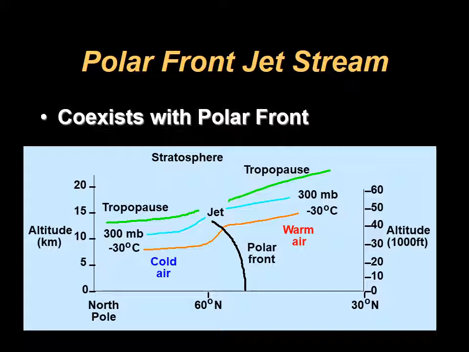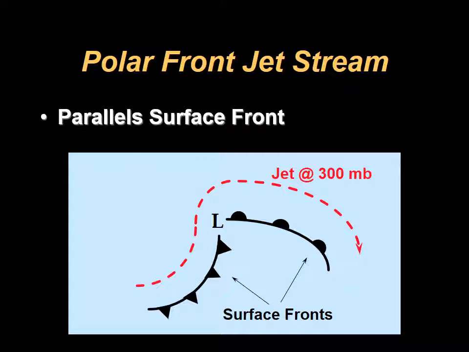Typically, it's found a little bit to the north of the surface position of the polar front, and the jet stream itself is found right at the tropopause. Remember, because of that strong temperature gradient, thermal wind considerations say that you must have a stronger wind at altitude. So the jet stream is typically found a little bit to the north of both the cold front and the warm front, but it does parallel the fronts.